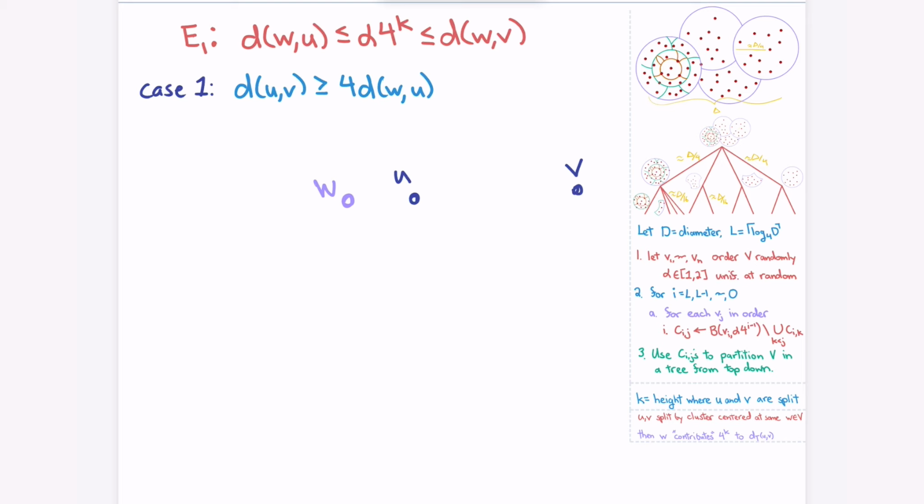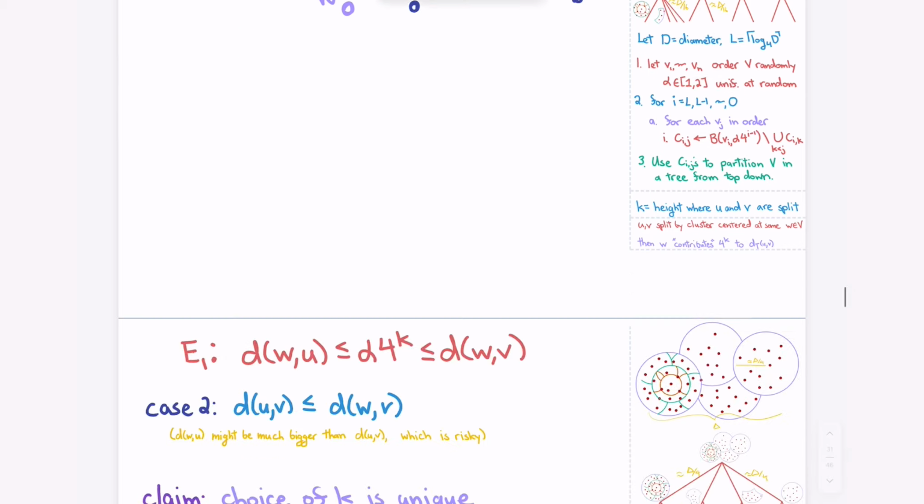I'm really worried about a really big circle at W breaking up U and V, right? But if W is already very close to U, and there's a circle separating U and V, the radius of that circle is going to be comparable to the distance from U to V anyway. So it's not that big a deal. If it's a big circle, it'll have to swallow up both of them. So it turns out this is an okay case: when W is close to one of them relative to the distance from U to V, then there's no real harm. So we don't have to worry about this. I'm rushing a little bit.